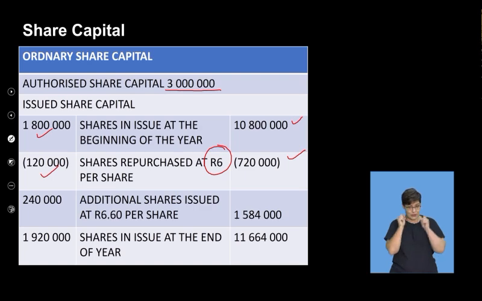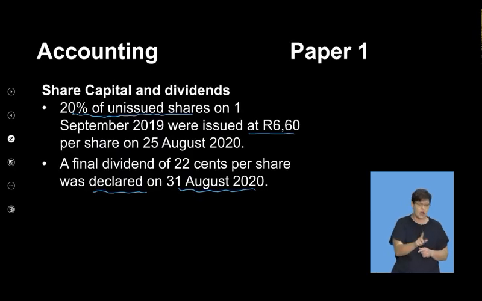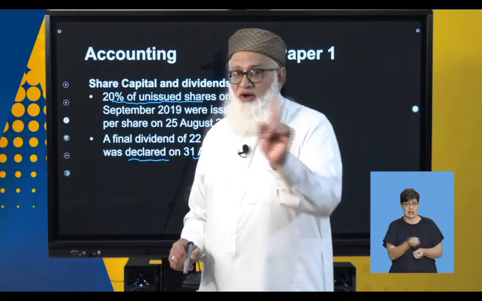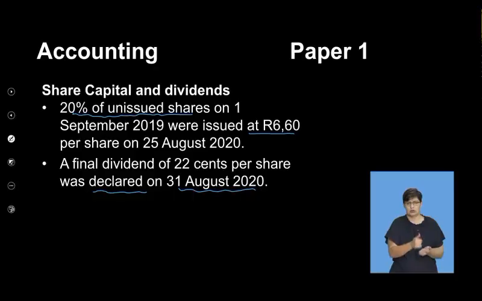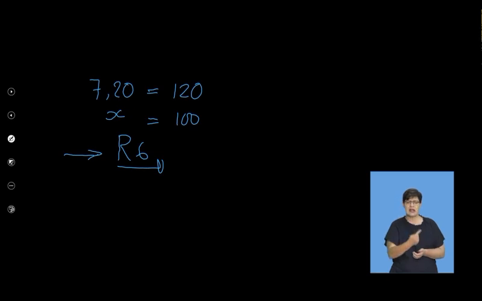What was I told further? If you remember the question, let's refresh our memories here. We were told that 20% of the unissued shares were issued at 6 rand and 60 cents. Now, 20% of what figure? Remember we said we had 3 million shares, which was my authorized, of which I had already sold 1,800,000.